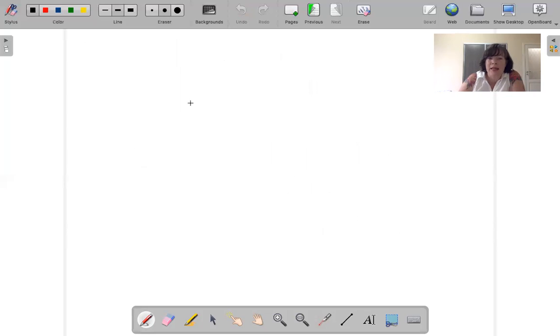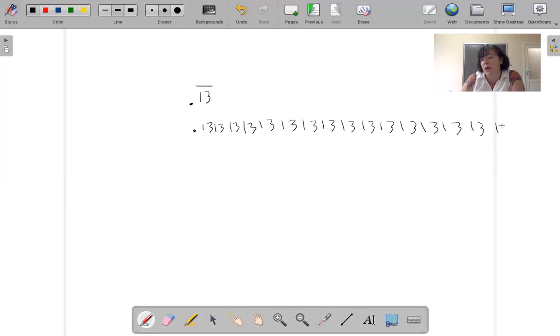It can be, let's say, 0.13 repeating. That means 0.13, 13, 13, 13, and on and on forever.